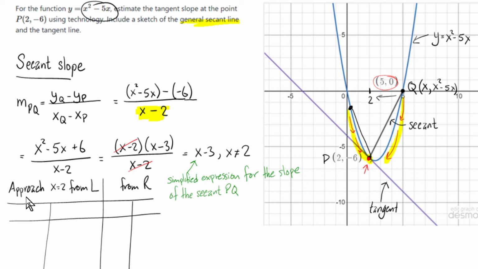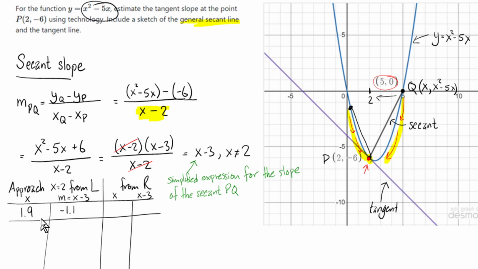So we're going to have our x coordinate here, and we're going to have our slope here. Our slope is defined as x minus 3. So when we're approaching from the left, we're going from over here somewhere and approaching this point here. We're not going to start this far away. We're going to start at perhaps 1.9, right below 2. 1.9 minus 3 is negative 1.1.